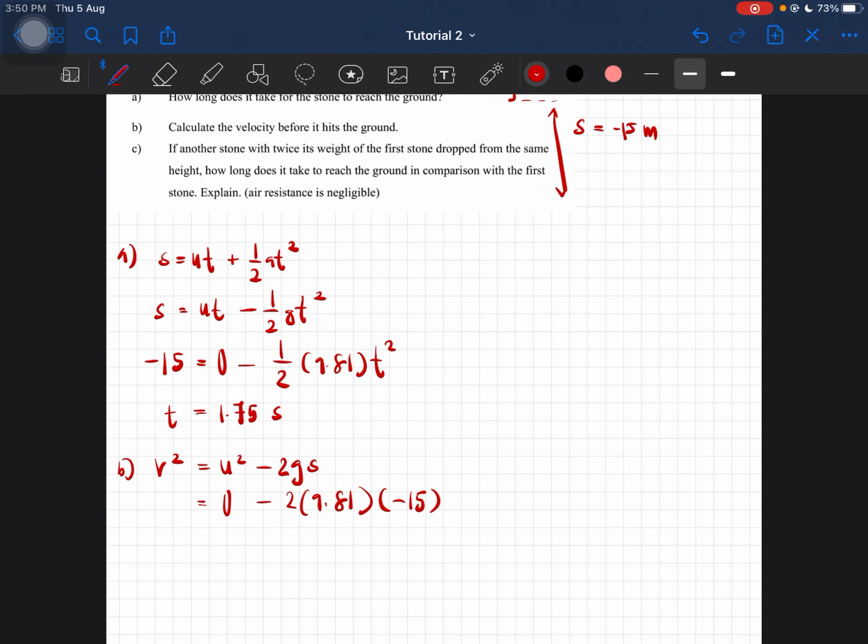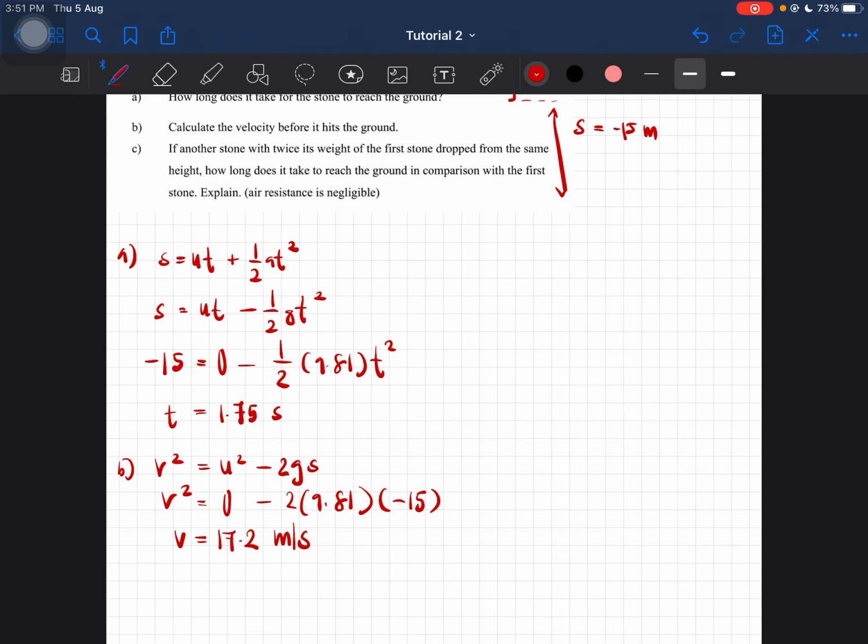Then we get the velocity to be 17.2 meters per second. So you get the velocity before it hits the ground to be 17.2 meters per second.